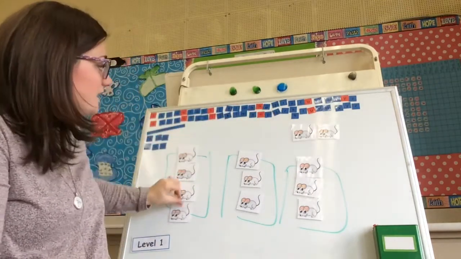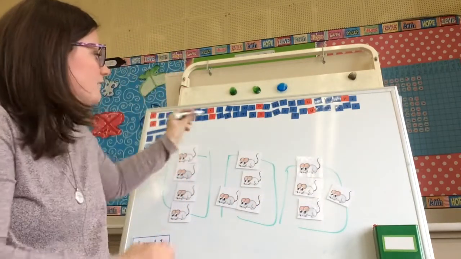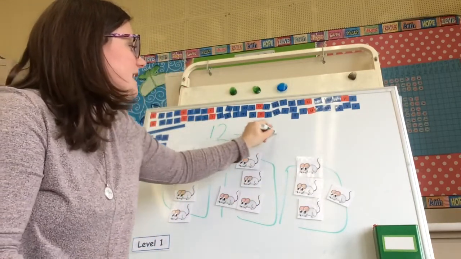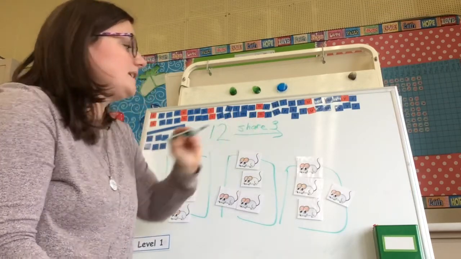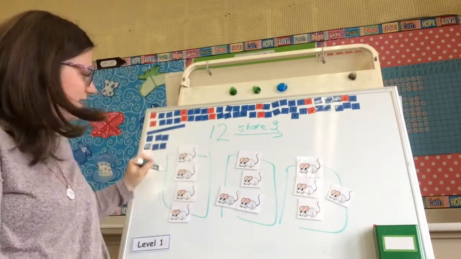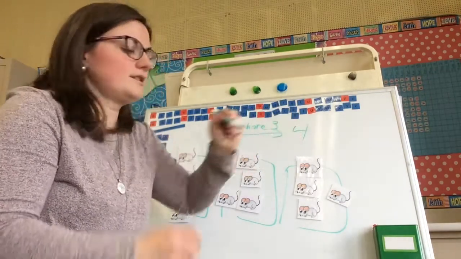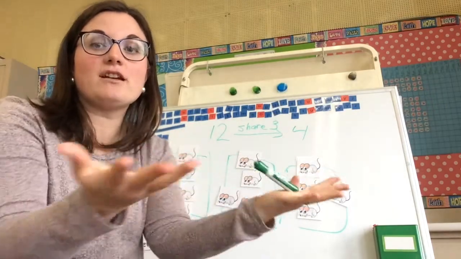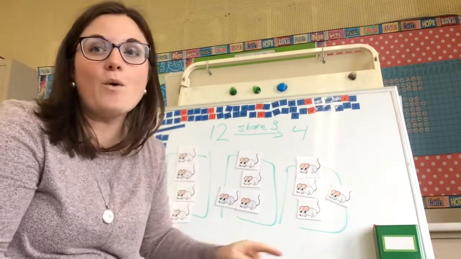So 1 more can go in each person's box. So if I have 12 and I share it with 3 people, how many does each person get? How many are in the box? 1, 2, 3, 4. So if I have 12 mice and I share it with 3 people, each person is going to get 4 mice.